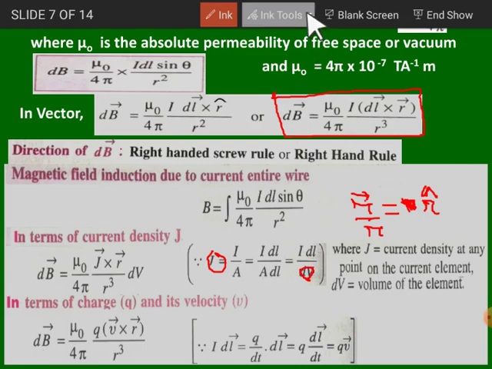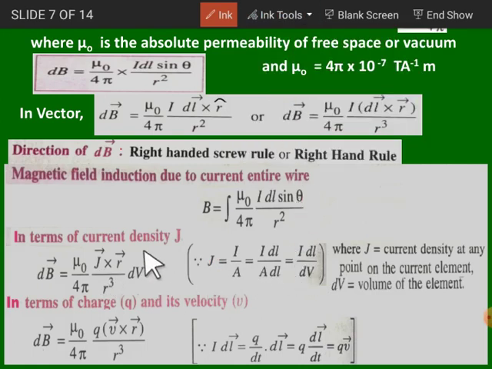Got it? Then what happens? Instead of I dl here you will get J dV. Your J, current density, is a vector quantity. Your current is a scalar quantity, but your current density is a vector quantity. So instead of I dl, you can write J dV. dV being volume, a scalar quantity, you can take it outside the cross product.